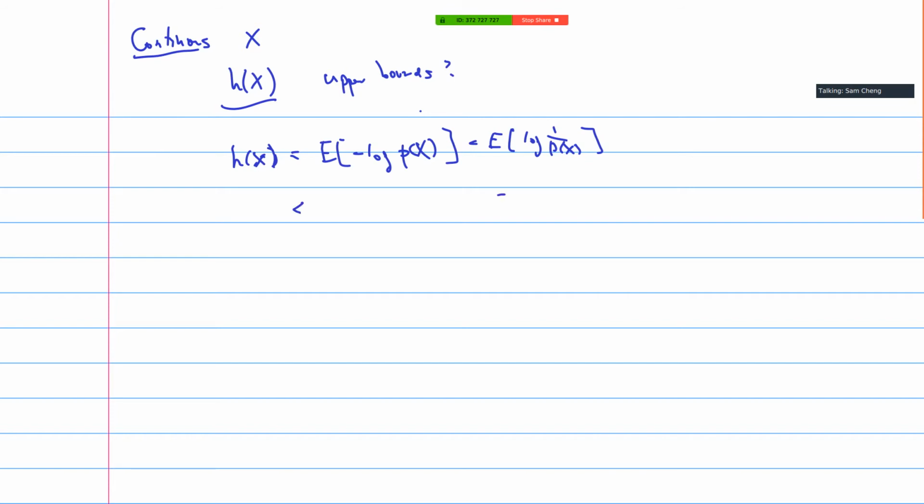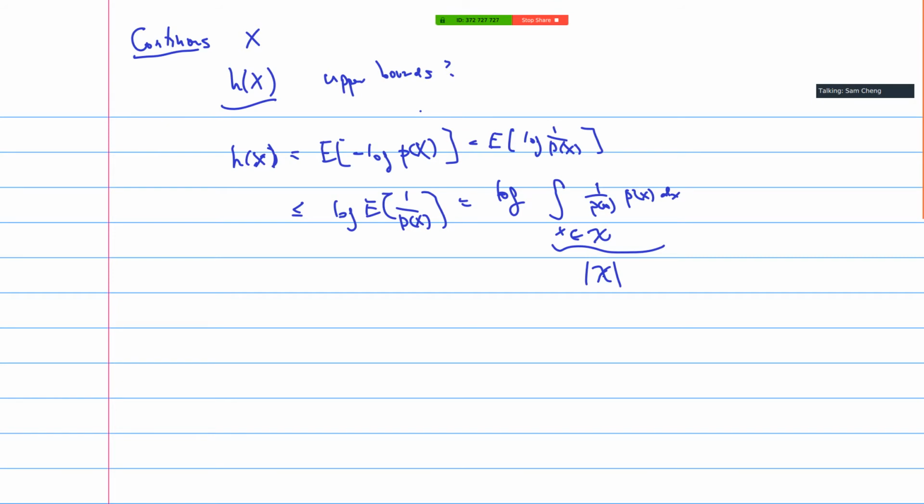Then, using Jensen's inequality, it is less than or equal to log of the expectation of 1 over p(x). So again it will be less than or equal to log of, in this case, an integral of 1 over p(x) times p(x) dx over the domain of x, or the support of x basically. I can again define this as the size of the support of x.